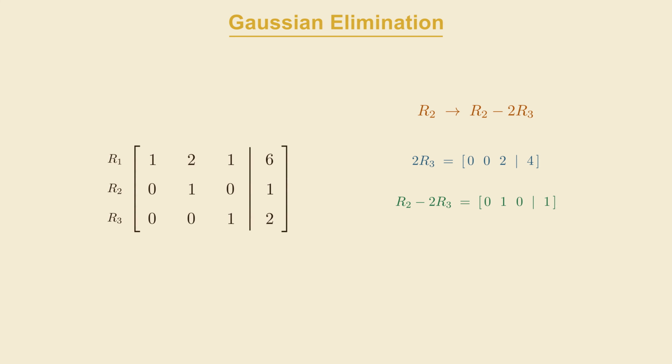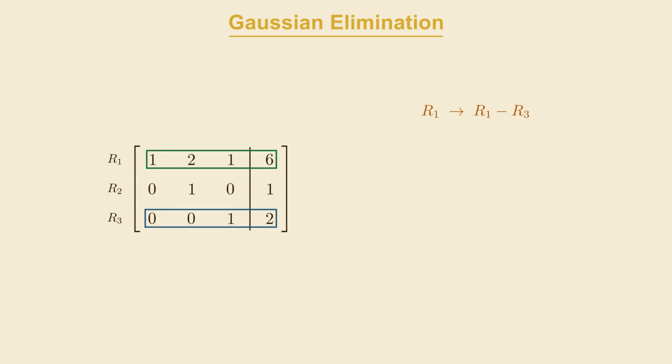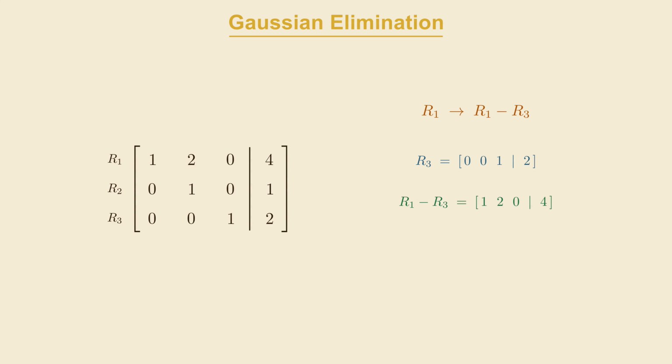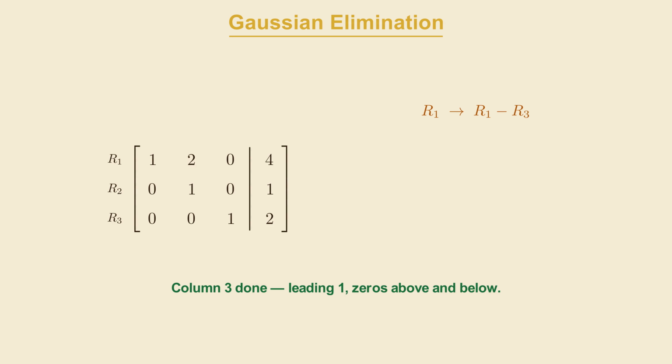Now to clear out row 1, column 3, we replace row 1 with row 1 minus row 3. Row 3 is now 0, 0, 1, 2, so subtracting that from row 1 gives us 1, 2, 0, 4. The matrix is now 1, 2, 0, 4, 0, 1, 0, 1, and 0, 0, 1, 2. The third column now has a leading 1 with zeros to the left and above it.